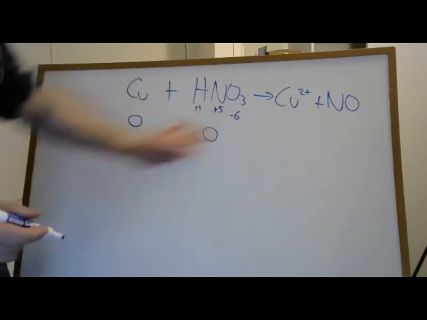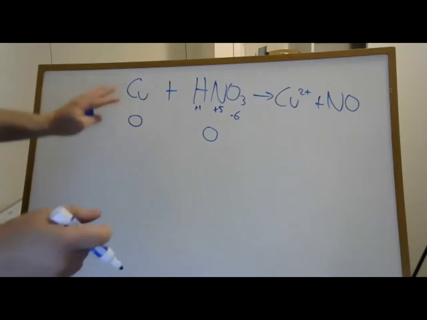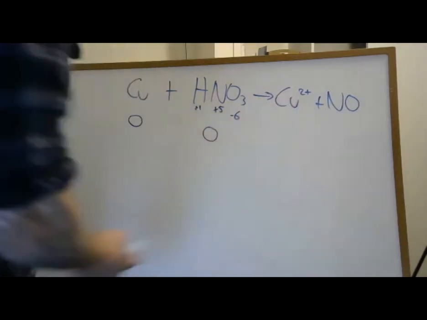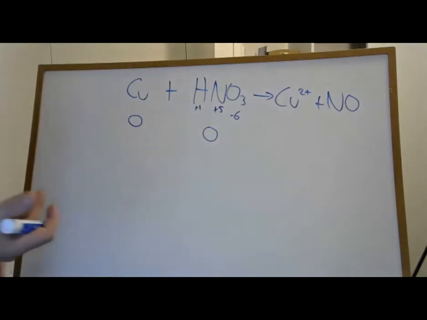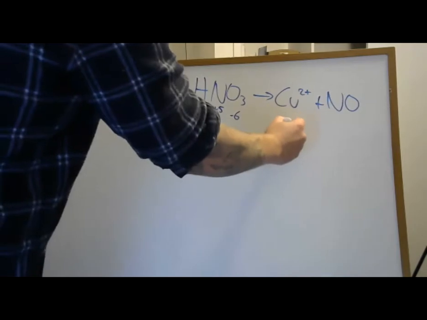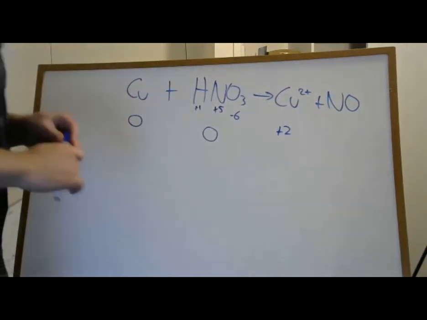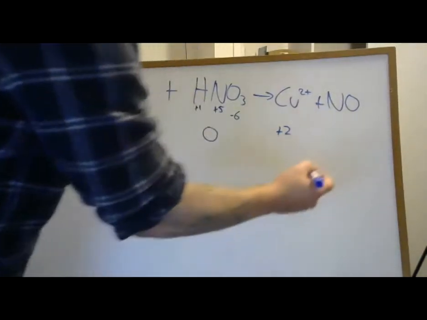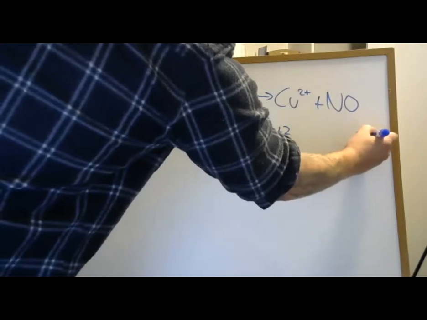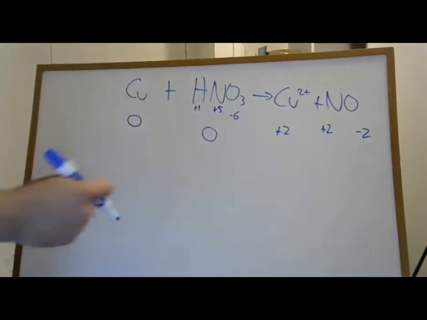So something here is going to be reduced. So copper 2 plus, we can see straight away +2. So we know now, no, I'm going to jump ahead. Not -2 for oxygen, +2 for nitrogen.